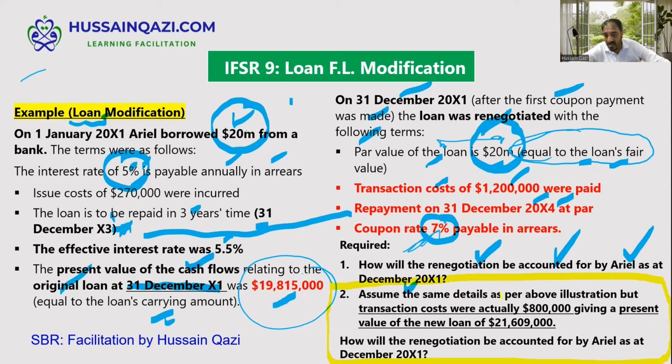Assuming the same details as per the above illustration, but the transaction costs were actually 800,000 and giving the present value of the new loan, it's 21,609,000. Present value of new loan 21,609. So how will the renegotiation or the modification be accounted for by Arian at 31st December X1?